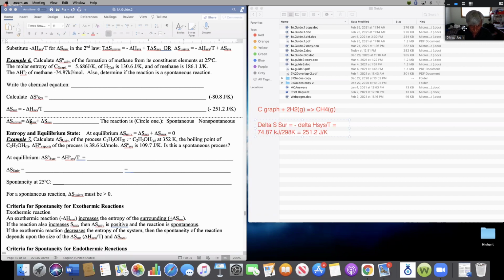So now we add up these two: 251.2 plus negative 80.8 equals 170.4 joules per K.